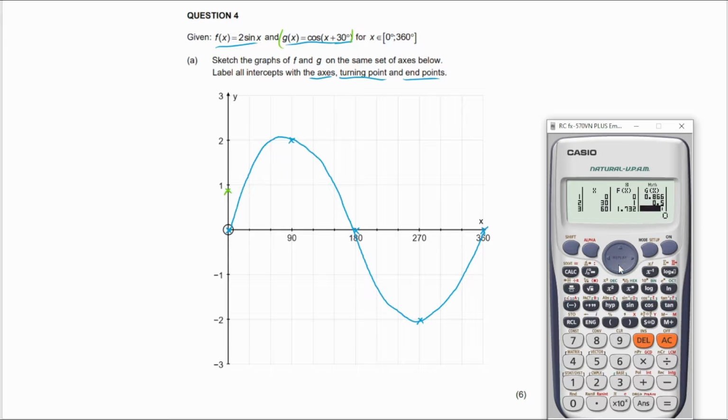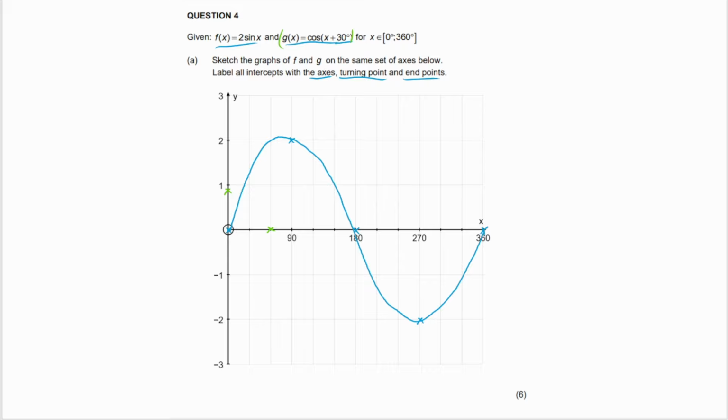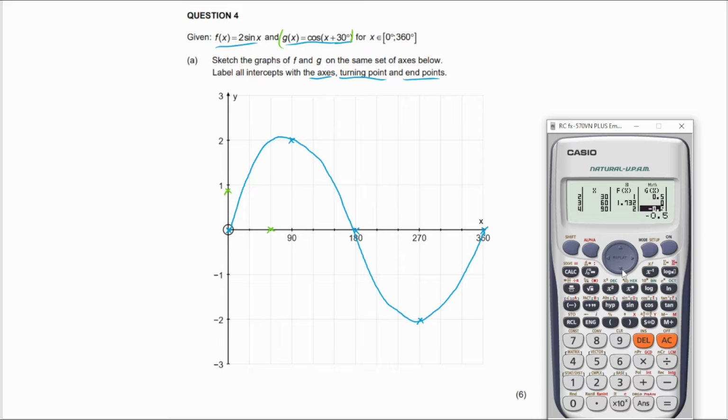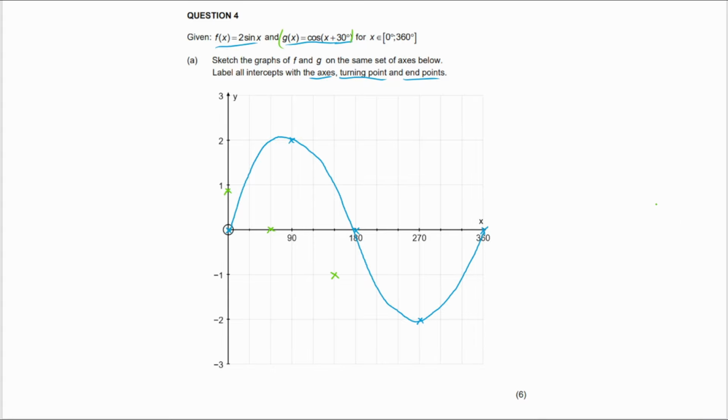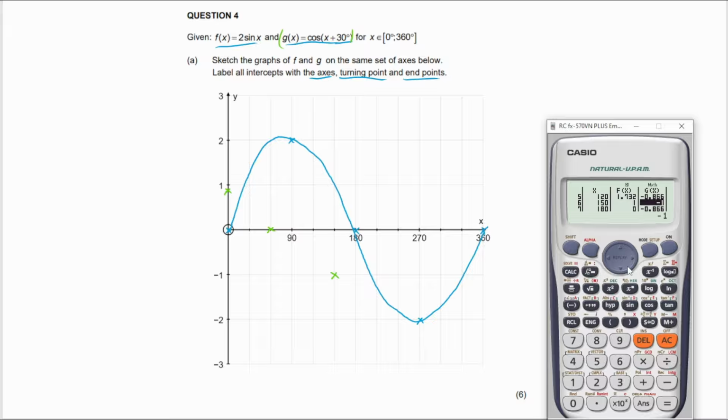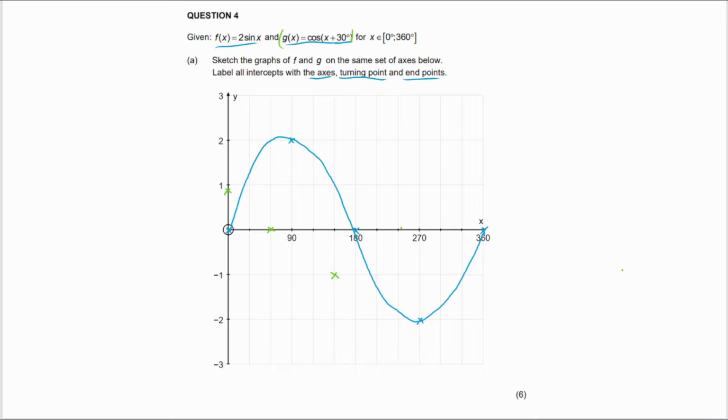Then our next intercept with the axis is at 60 and 0. So here's 60 and 0. Then let's see what else happens. We got 150 and -1, and you can see we turn here. So 150 is over here and -1. And let's see when else we intercept with the axis. You can see here at 240, 0. So 240 and 0 would be here.